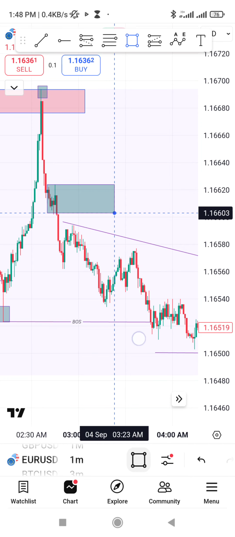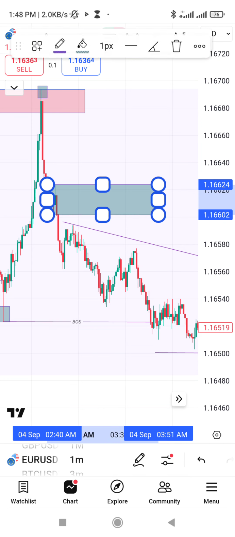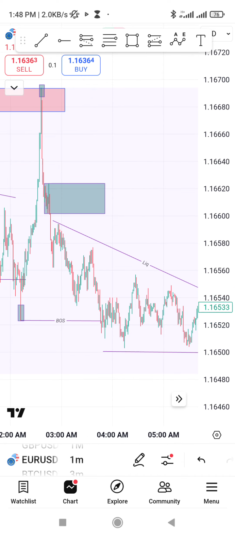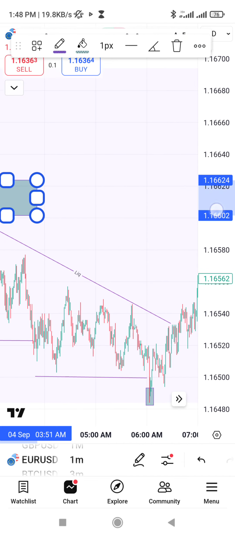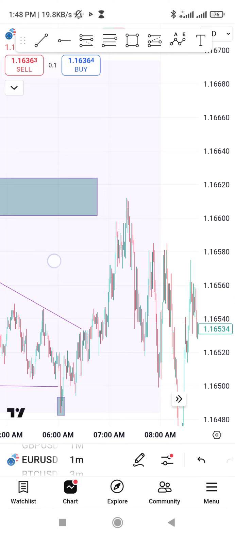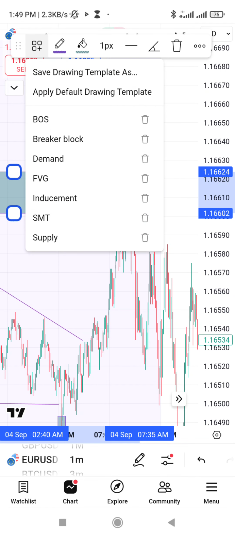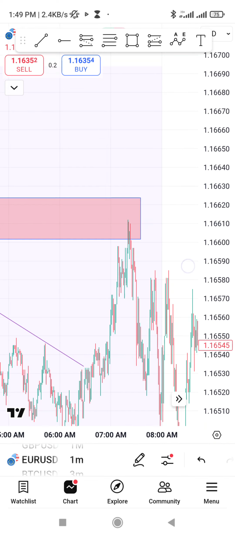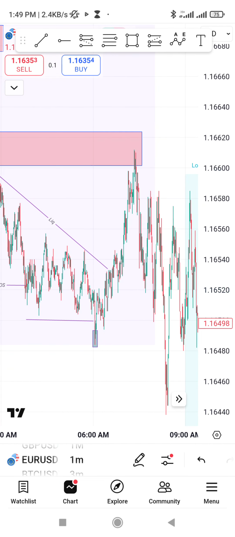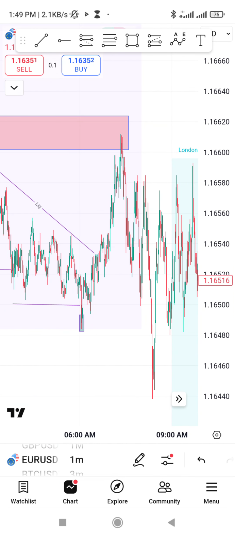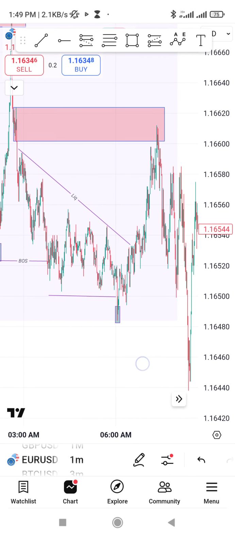Considering the OB, I'll consider all this level. There's a reason why that is so, but for the sake of easy learning, I'll keep it simple and just know that that's the value level, and then I'll change this to a supply. Like I said, for an OB to be valid, it must break structure at least.